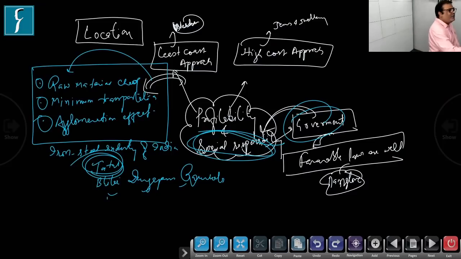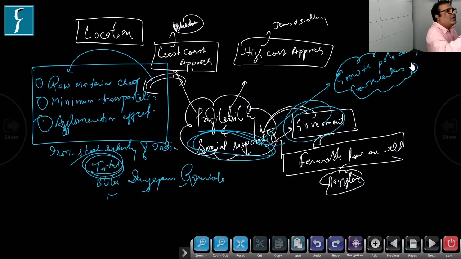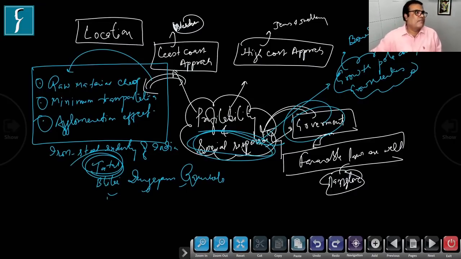The idea of growth pole and growth centers given by Boudeville and Perroux.